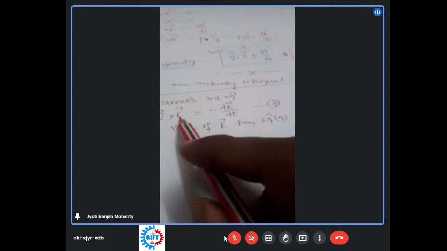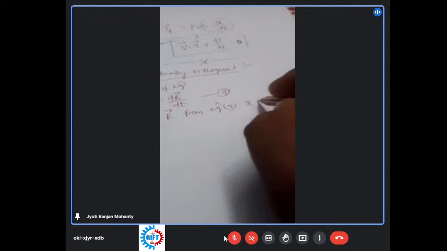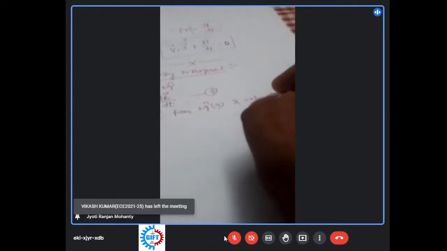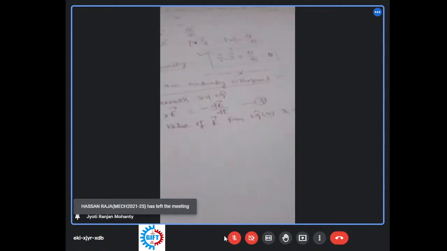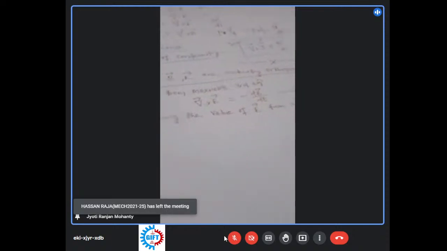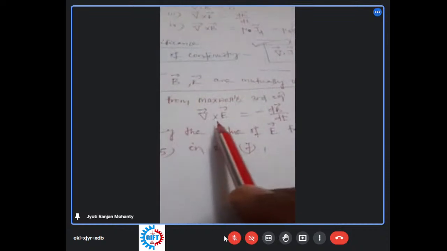So we have to put that in the solution part: putting the value of E from equation 2 and the value of B from equation 5 in equation 7.